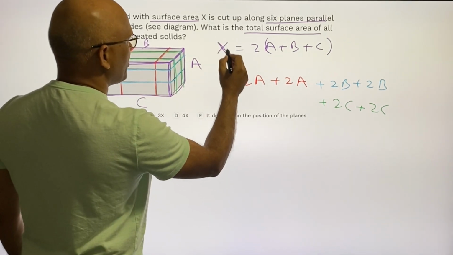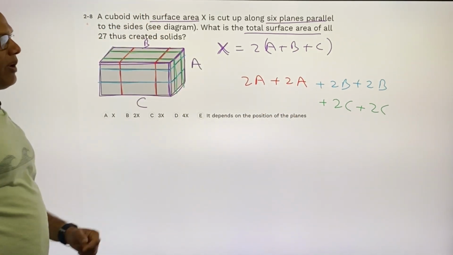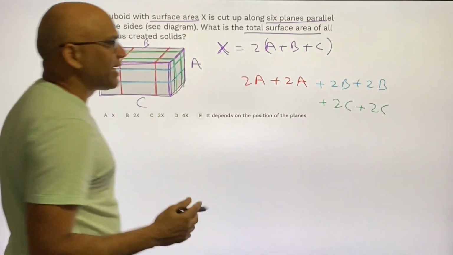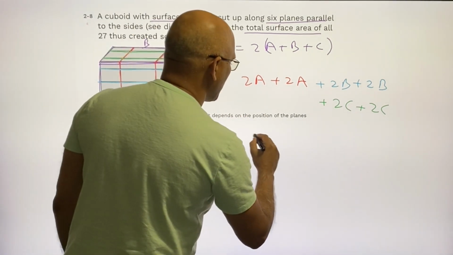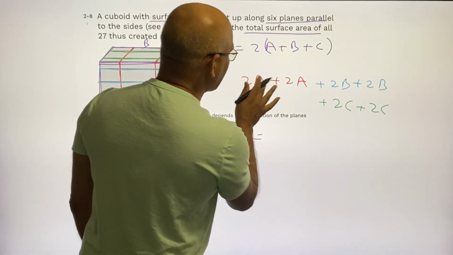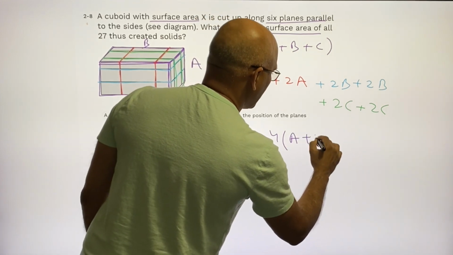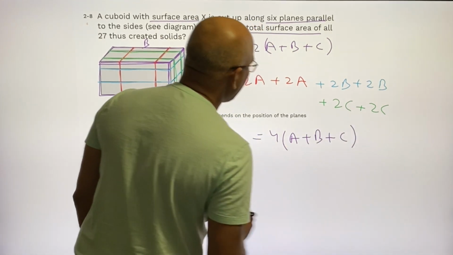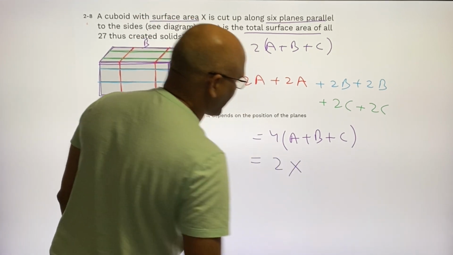So the original surface area X is this, and this is the amount of area that I have exposed by making the extra cuts. So this is going to be 4 times A plus B plus C, and this is nothing but 2 times X.